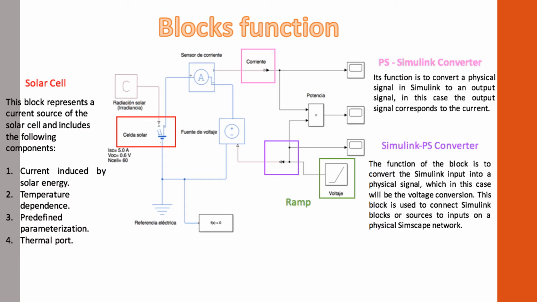The solar cell block can simulate one or more cells connected in series. In that case, the output voltage increases and it is much more efficient than simulating them one by one. Once this has been explained, it should be clarified that for the simulation, the solar cell block is configured with 60 cells, like a solar panel.